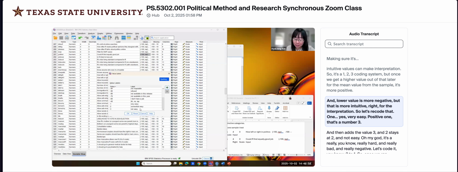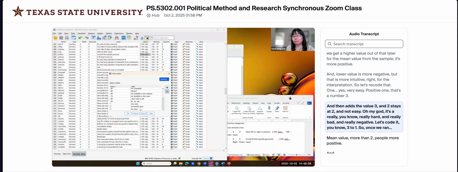So let's recode that. One, yes, very easy, becomes 3, and 2 stays at 2, and not easy, which is really hard and really negative, we code 3 to 1.